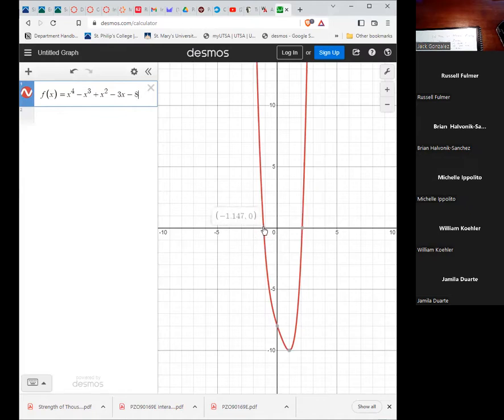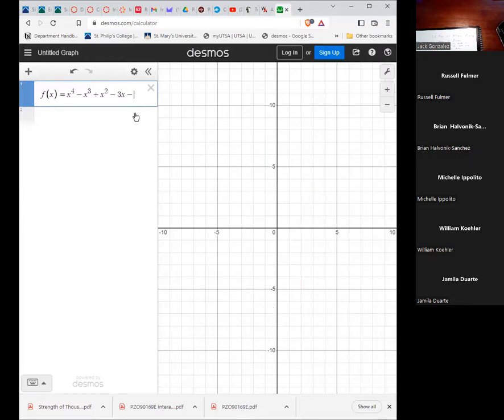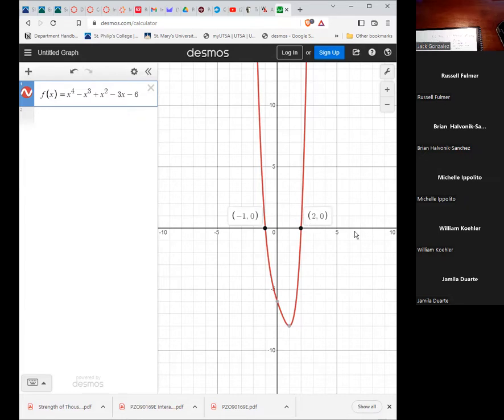So here it is. Oops, did I mess up? That should be a 6, huh? Yeah, so we found zeros of negative 1 and 2. There's only 2 real zeros, although there are 4 if you include the imaginary.